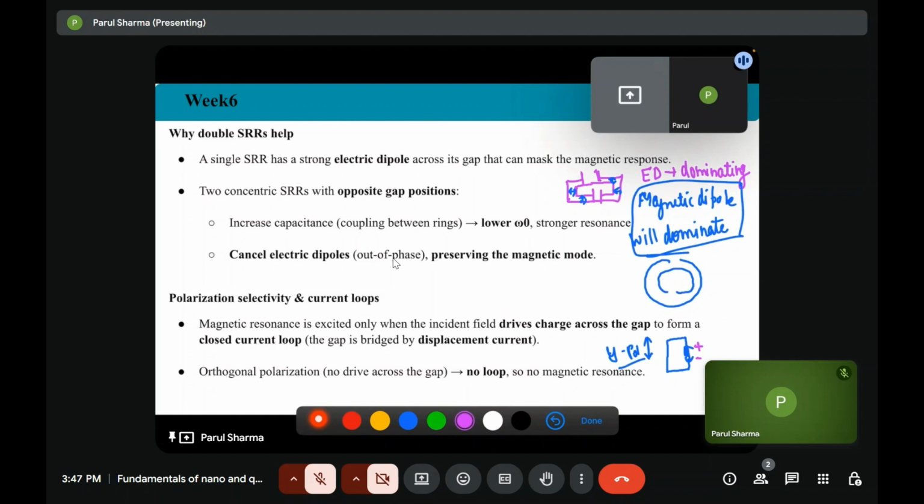And if I incident light with the other polarization, then there will be no loop, so there will be no formation of dipole and hence no magnetic resonance.